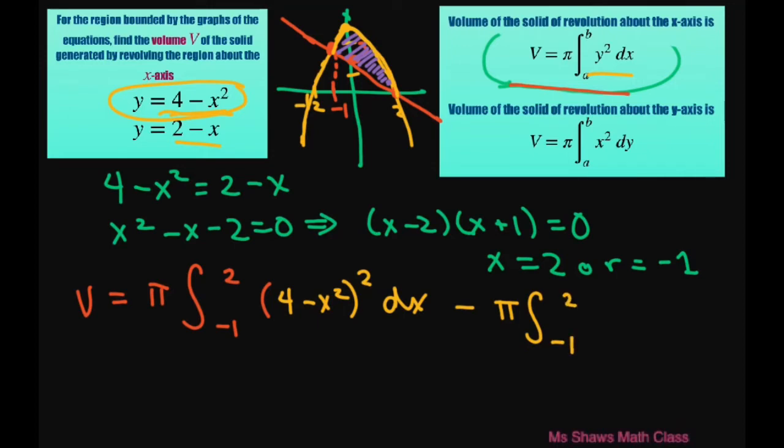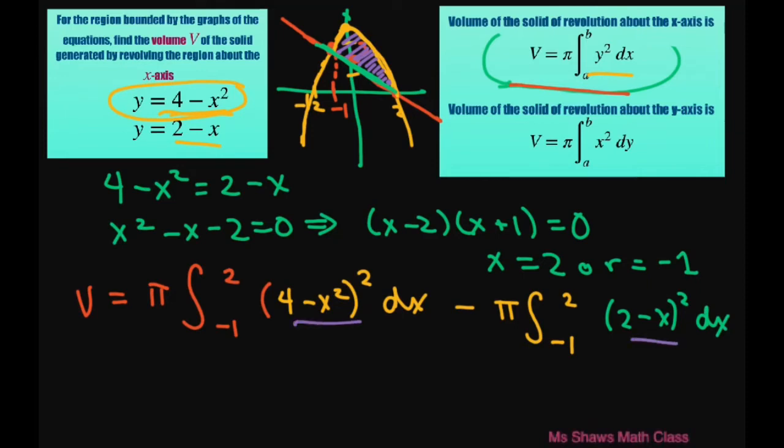Since we're going from top to bottom, what's bounding the bottom part of the shaded region is the line 2 minus x. Square it, dx.